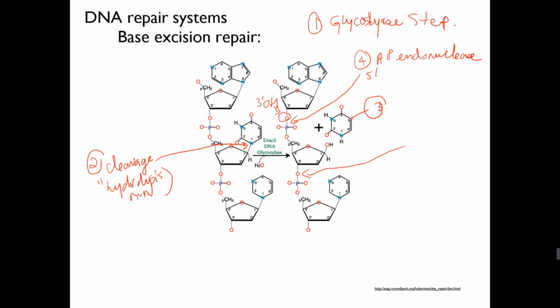Okay, so again, we're going to have step number 5, in which the lyase comes in, and this will subsequently release the 5' deoxyribose phosphate, and that's what gives us the context where we have a 1 nucleotide gap flanked by a 3' hydroxyl and a 5' phosphate.